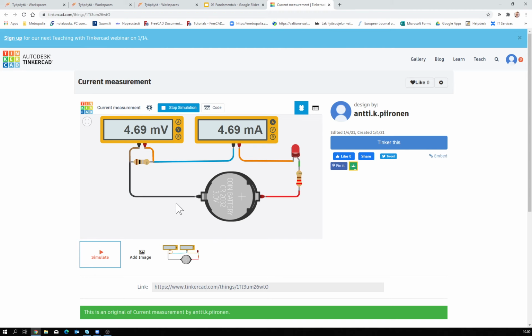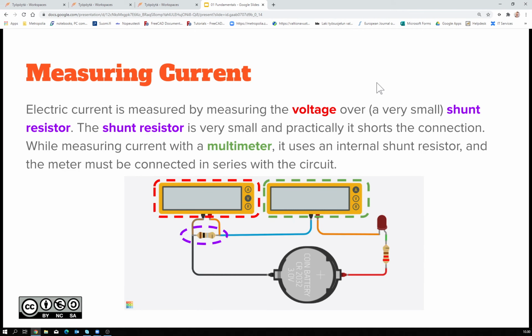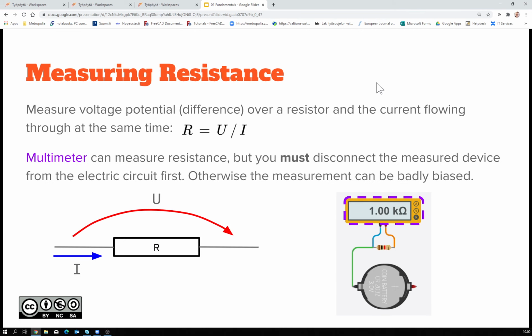You cut the circuit current flow, and then you connect the current meter in between, in the way of the current. Then measuring the resistance, that's basically just you measure.